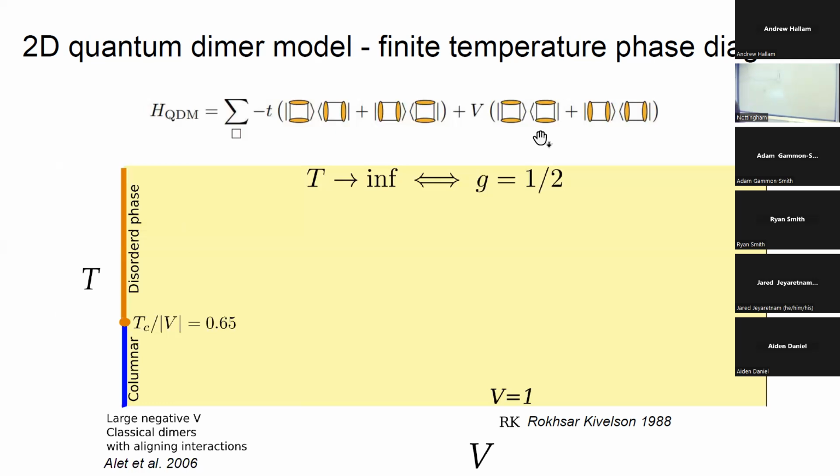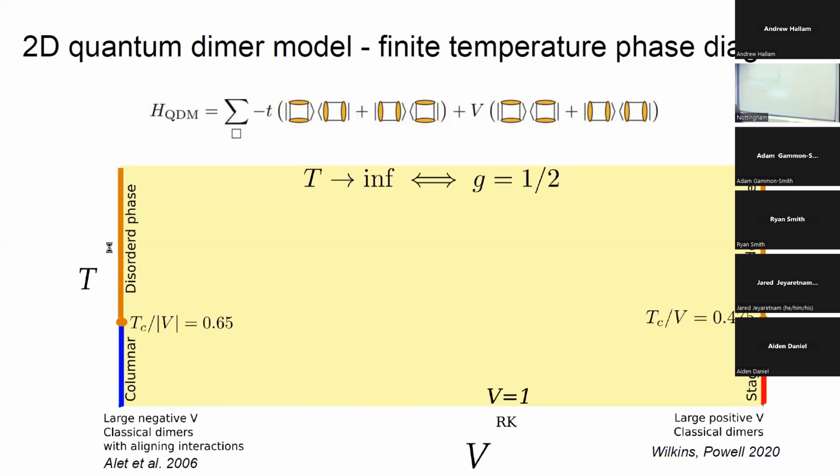That tendency to form parallel dimers would force the system to order into a columnar phase. That happens at a value of temperature Tc by V, which is known to be 0.65. At higher temperature, it is described by a disordered Coulomb gas.